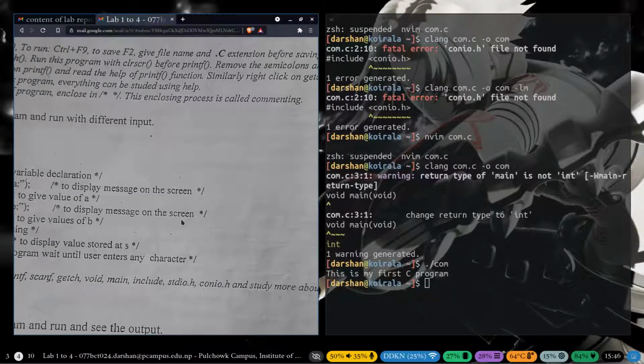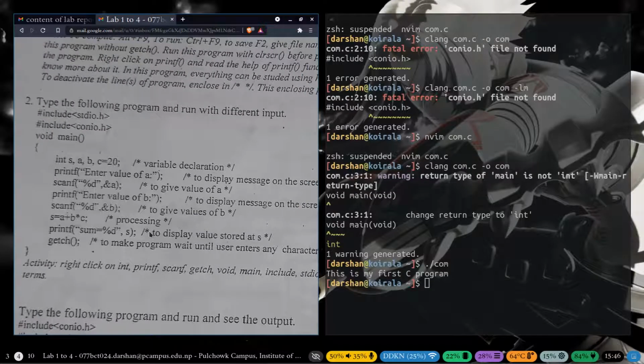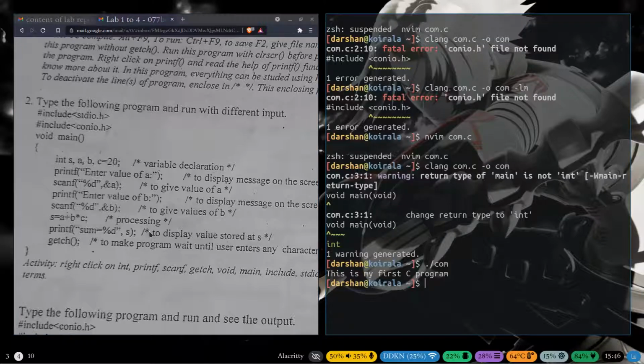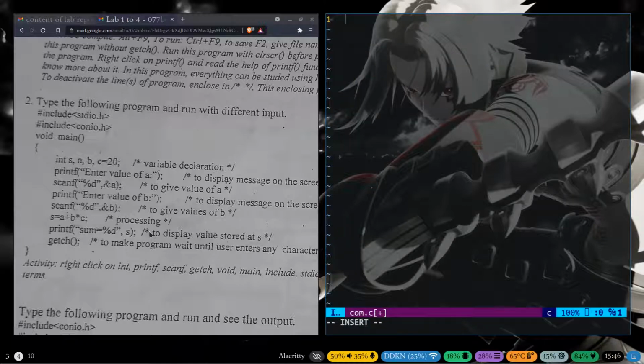Alright. So yeah, type the following program and run with different input. Okay, type the following program and run with a different input. Oh, okay, I'll type from here. What was that? Com.say. Okay.